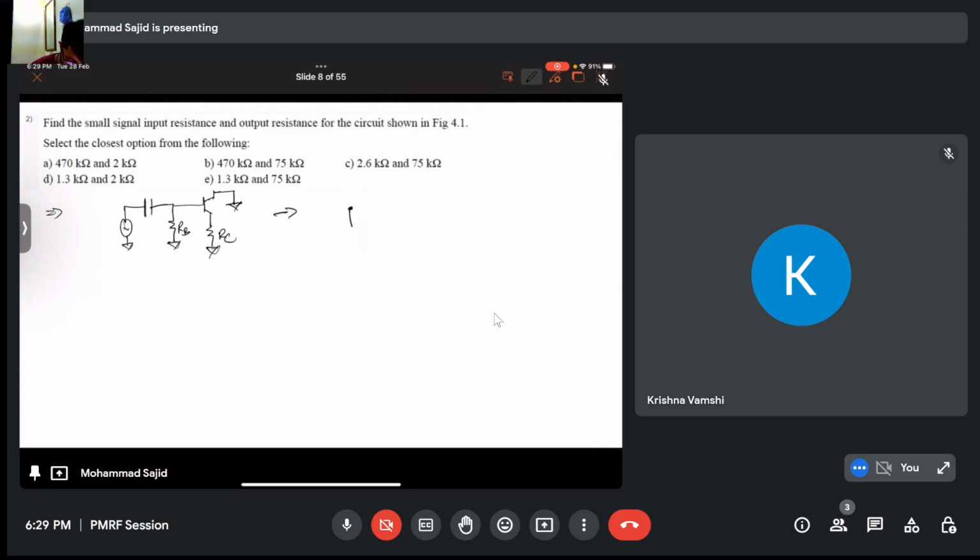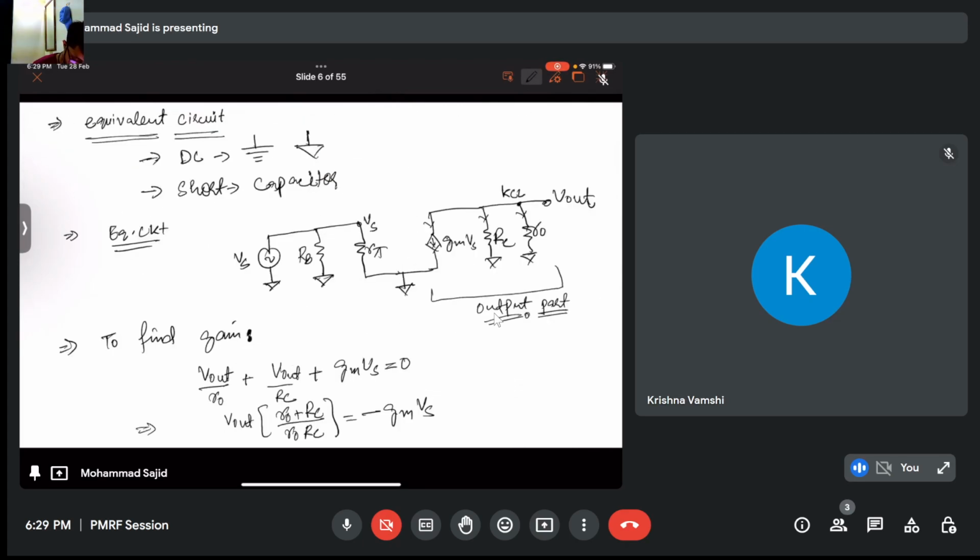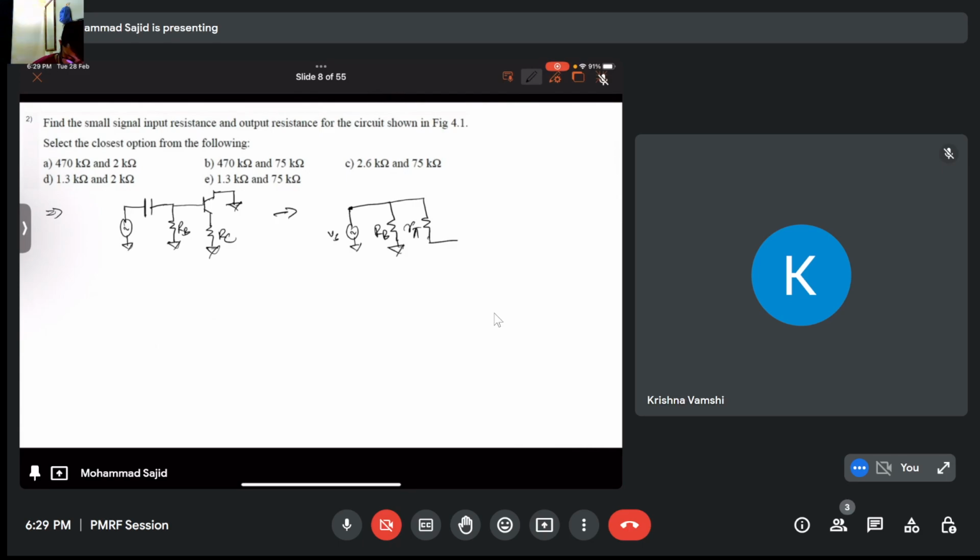So let us just draw. This will be Vs, this is Rb, this will be R pi. One thing, I think I have written R pi here. This will be again Gm Vs, this will be Rc, and this will be R naught, right?